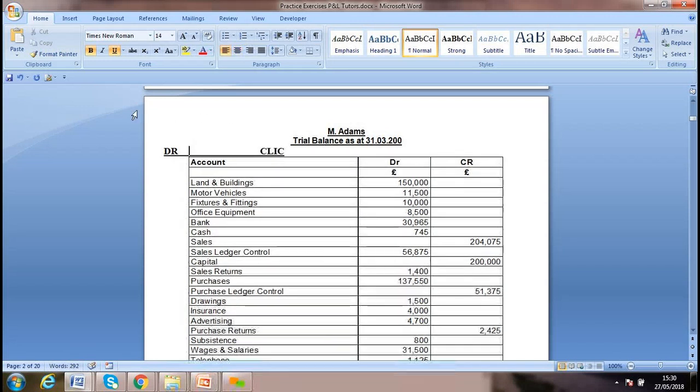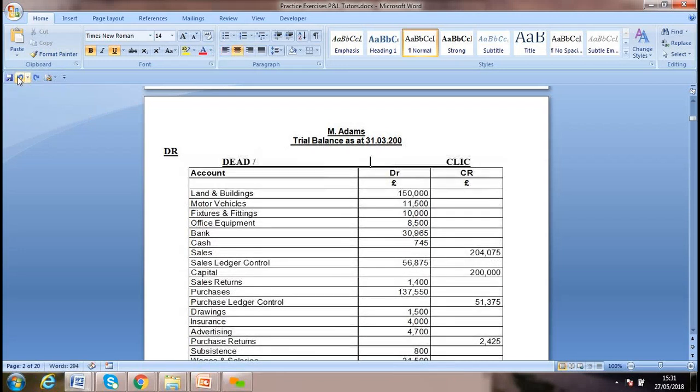So land and building is our asset, it goes on the debit side. Motor vehicle is a debit, it goes on the debit side. Fixtures and fittings are on the debit side. Office equipment, debit side. Bank is the debit side. Cash is the debit side.